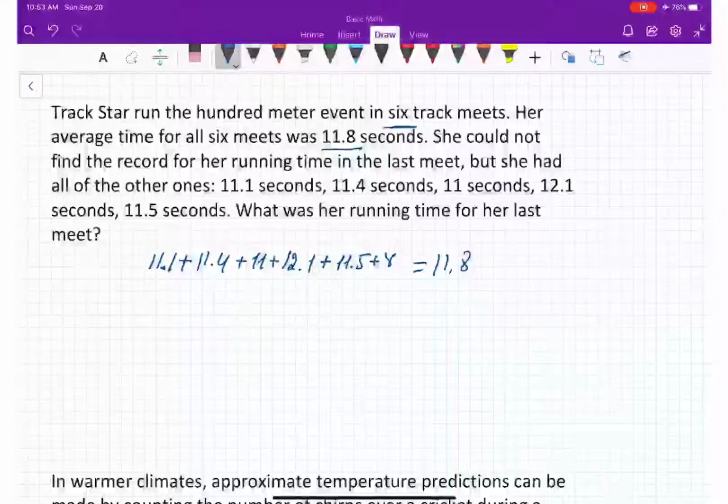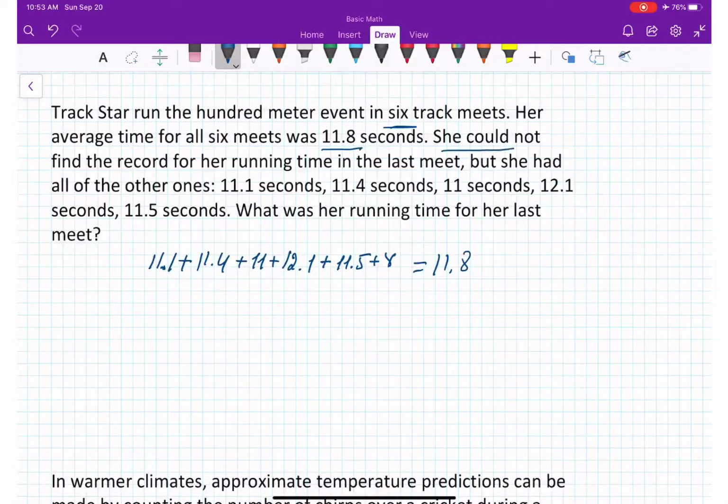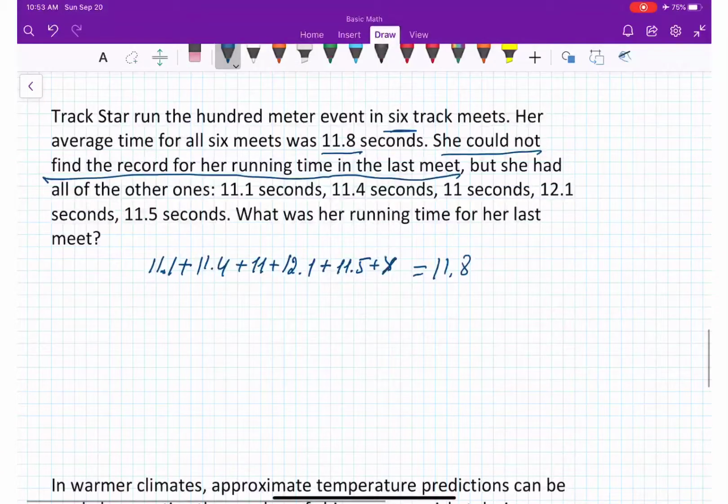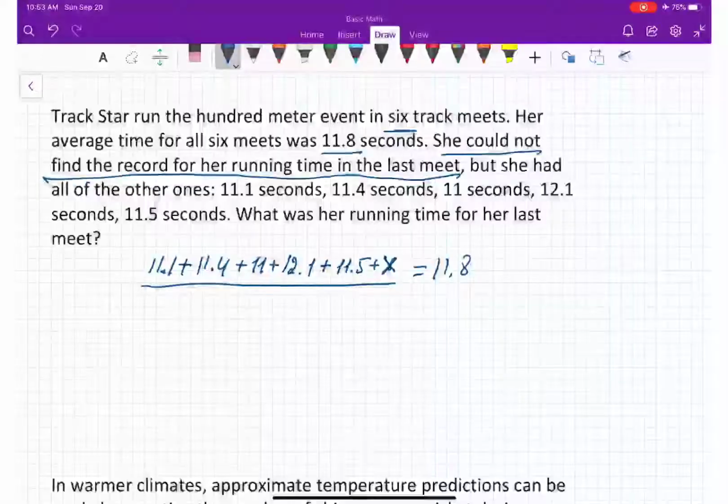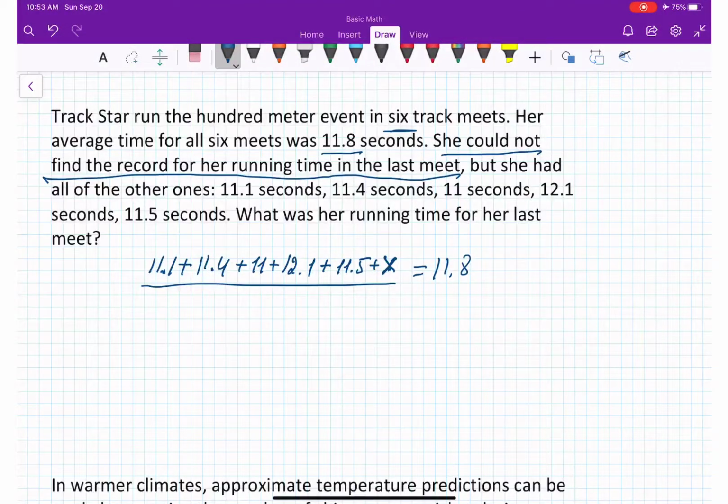Because she could not find the record for her running time in the last meet. We put it as X, and we divide. Average is the sum of all meets divided by the amount. 1, 2, 3, 4, 5, 6 of them, right? Oh, here it says 6 tracks. There we go. So now all we have to do, what's her running time for the last meet?